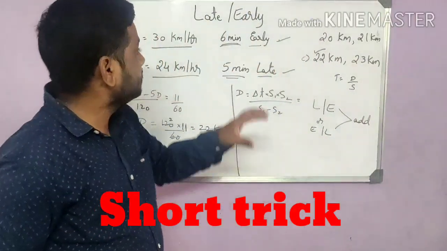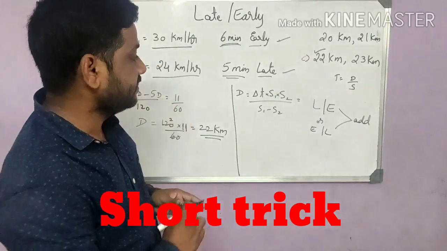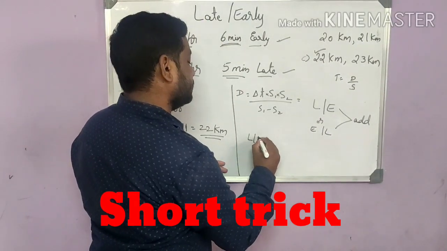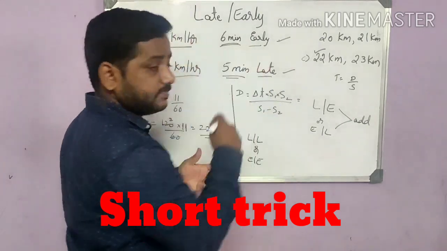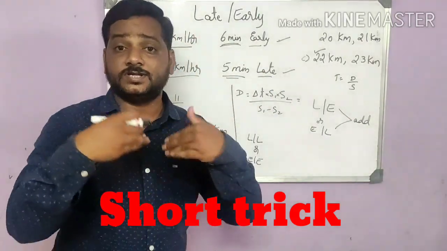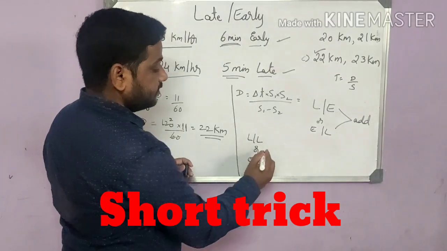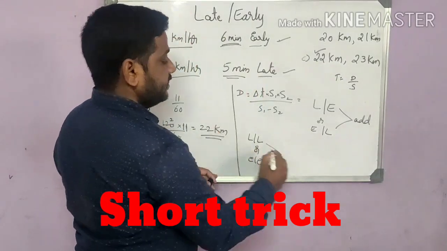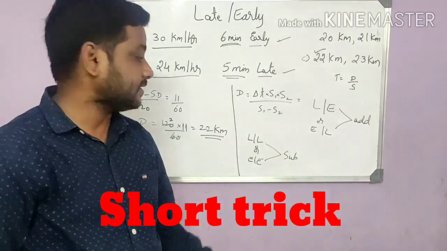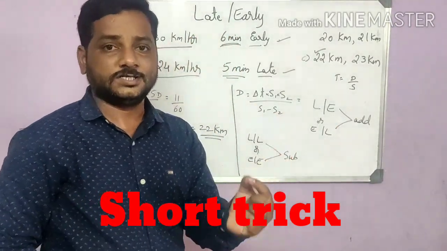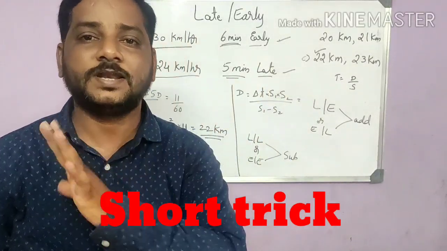Or if you have late and late, or early and early, in both statements you are getting late or in both you are getting early, then that time should be subtracted. We need to remove it. This is the logic. This is the short trick you need to remember.